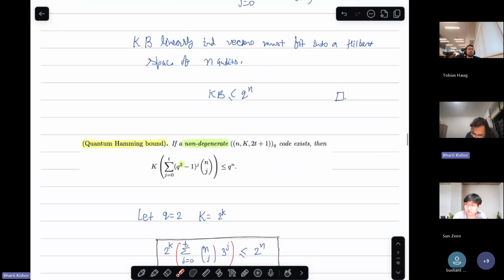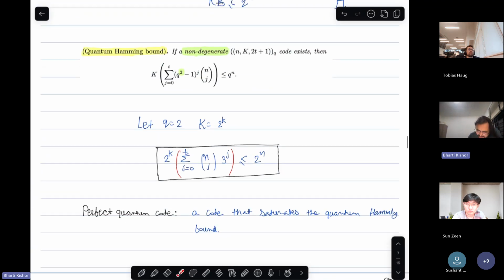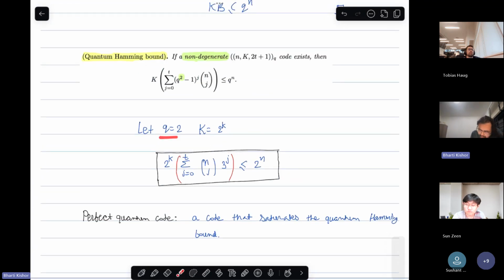Okay, so let's go through this quantum Hamming bound. Let's take q equal to 2. So this capital K is 2 to the power k, and that is the size of your code space. Then n choose j says you can have errors on j many qubits in these many possible ways, that is, the way you choose which qubits can get corrupted.